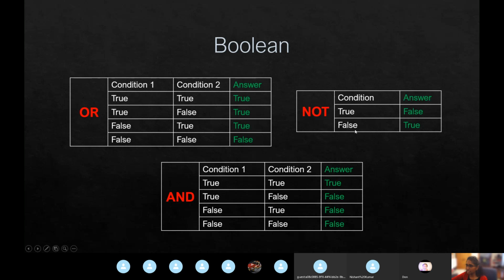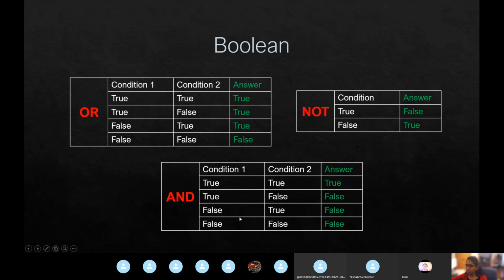And in not condition, yes, go ahead. So it's basically the opposite of or? Yeah, kind of. It's the opposite of or, except in or and and, if both are true, the answer will be true, and if both are false, the answer will be false.